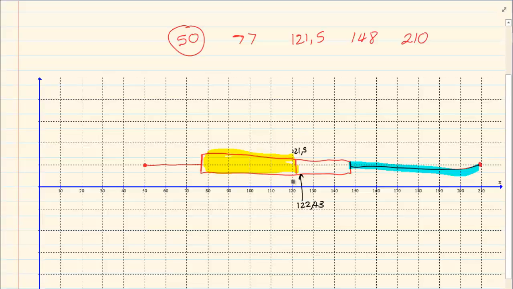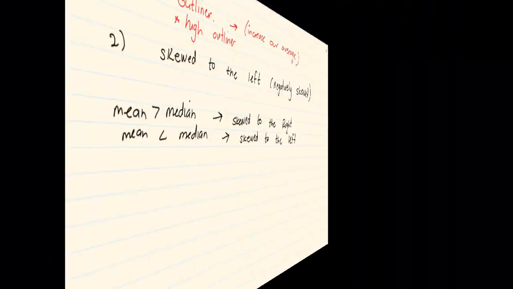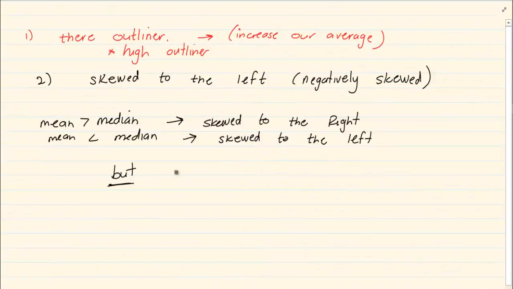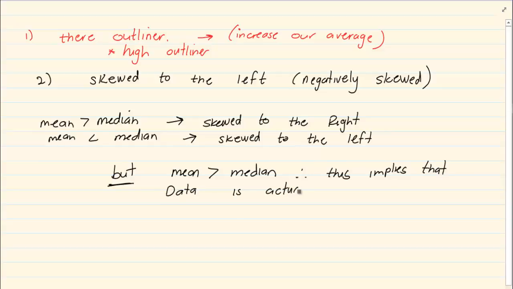Even though the drawing is saying one thing, you need to still say, right, the drawing is saying that it is skewed to the left, but the mean is greater than the median. Therefore, this implies that the data is actually skewed to the right. However, what else did we notice?